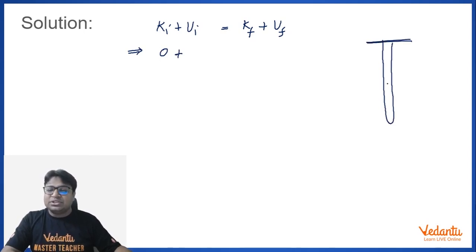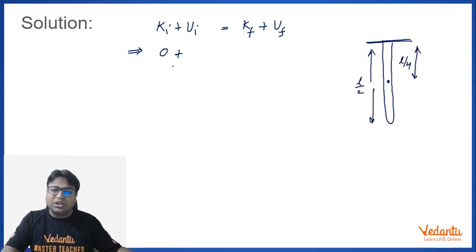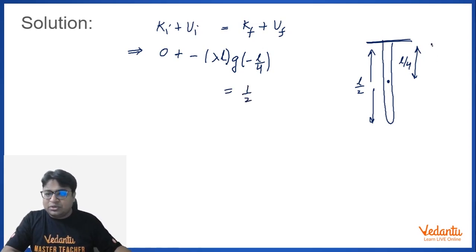The center of mass of the chain would be somewhere here, and this length was L by 2, which basically means this would be L by 4. So I'm going to write minus mass of chain into g into L by 4. So that's Ui. Now Kf we can write as half into only the falling part. We have to consider the mass of this part only.